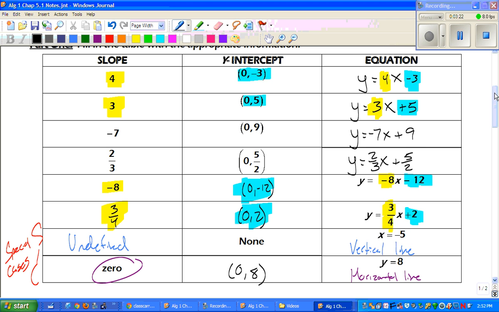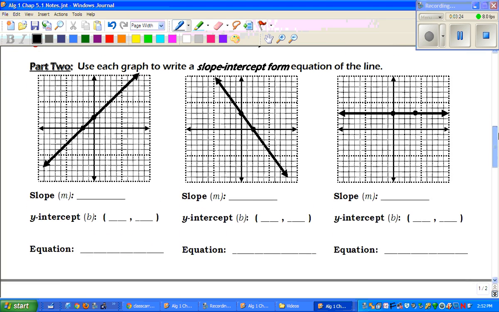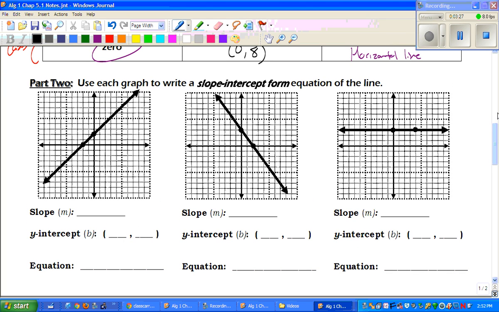All right, now we're going to be doing the same thing on the bottom. We're going to figure out that information, but now they give us a graph. We need to remember that the slope is either going to be the rise over the run, or it could be fall over run. When we're figuring it out, all you have to do is count from one point to the other.